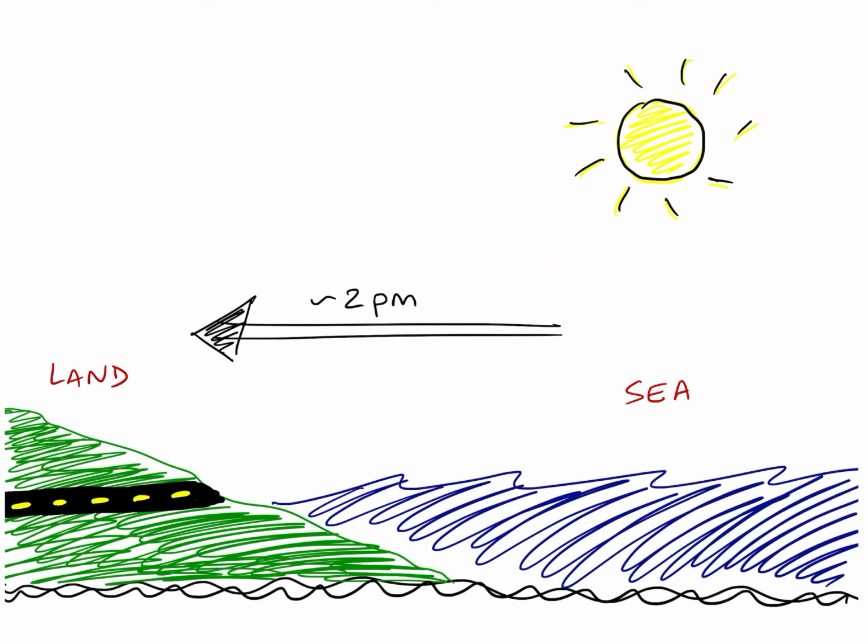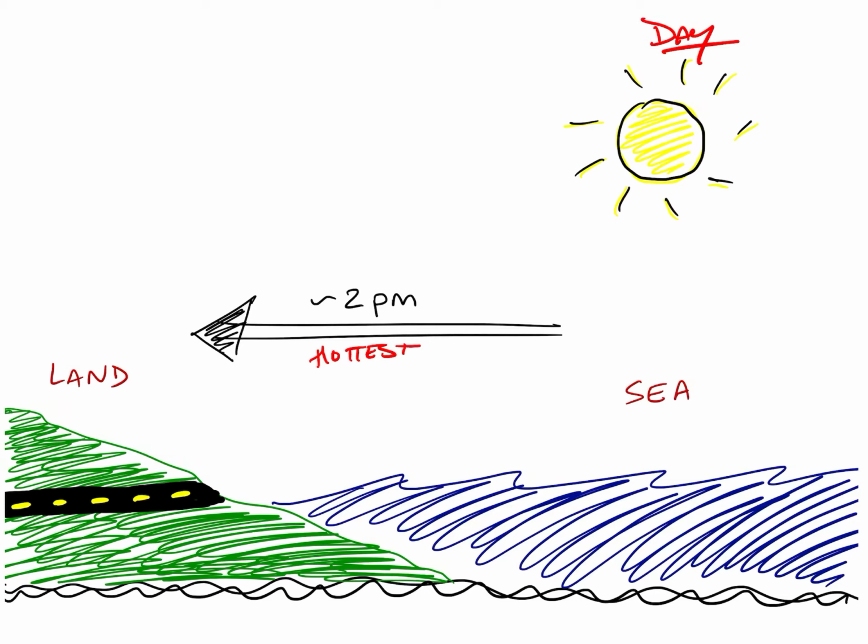Right here on this diagram, it is daytime. So here at daytime, you have the sun beaming down. It's 2 p.m. It's the hottest time of the day. What's going to be hotter, the land or the ocean? Remember what we said. Land has the lower specific heat.